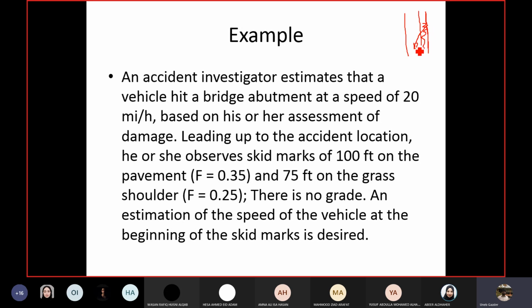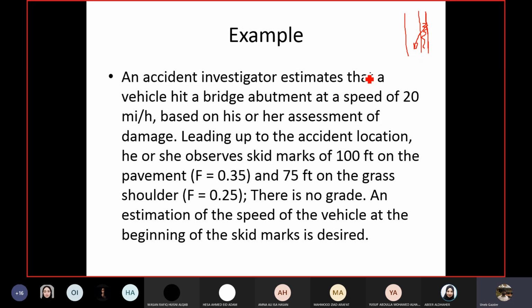While braking, the skid marks created on the pavement are 100 feet. The skid marks created on the shoulder are 75 feet. So from the point where the driver started to brake, he covered 100 feet on the pavement, then covered 75 feet on the shoulder, and then hit the abutment.